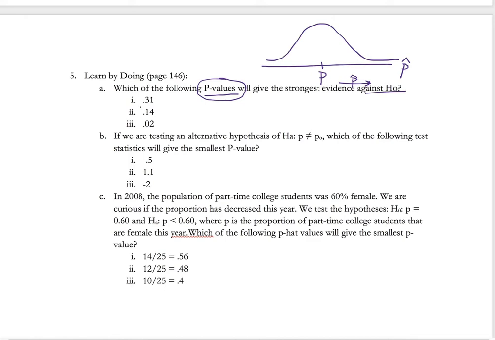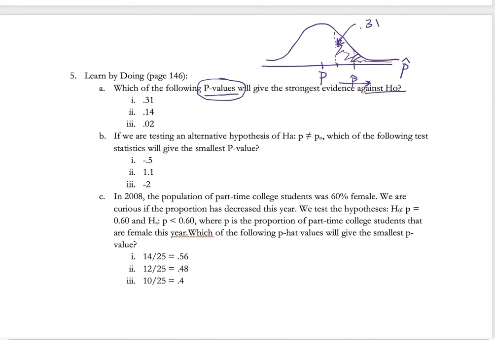So a p-value of 0.31 would indicate an area outside that value of 0.31. Let's say that area is 0.31. A smaller area of 0.14 would be if our value was over here.